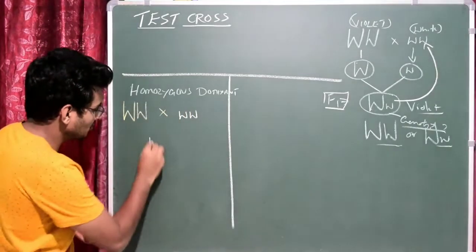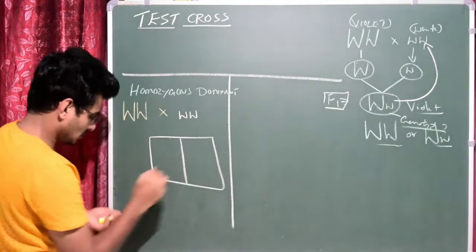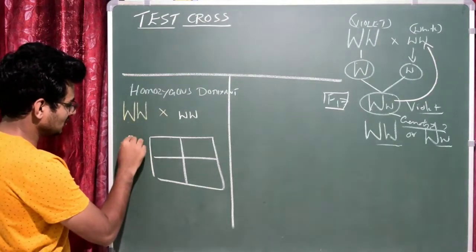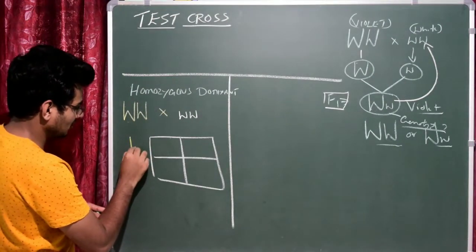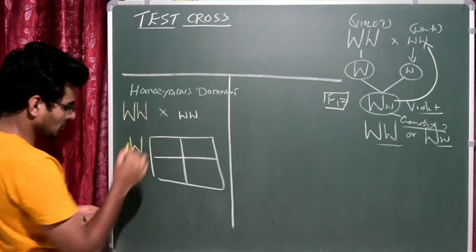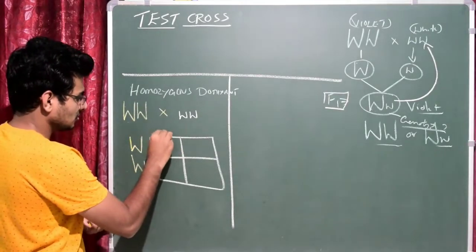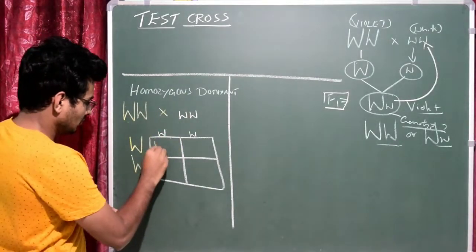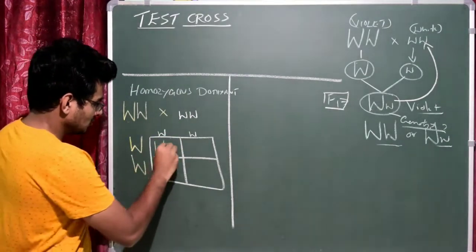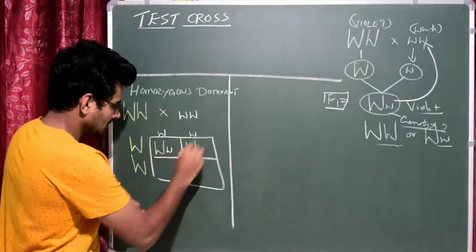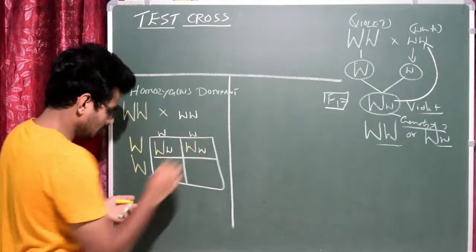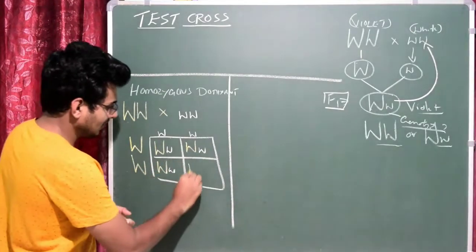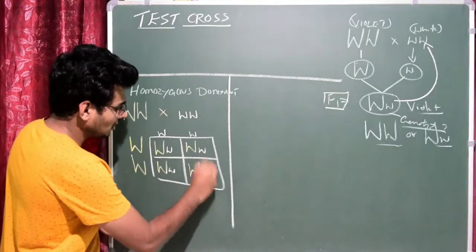Now let us draw the Punnett square here. Let us write this organism's gametes, capital W, outside, and small w here. Crossing them, you get capital W small w, capital W small w, capital W small w, and finally again capital W small w.